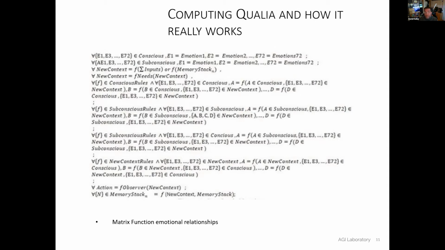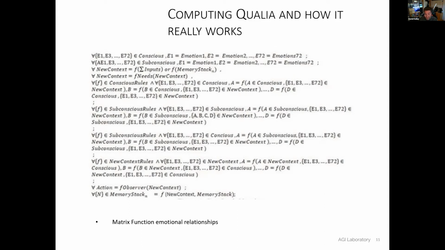This is done with matrices in these functions, like the subconscious rules and new context rules and so forth. The matrices aren't actually represented here; they're just defined as the functions. But if you really get into it, it's those underlying matrices that are defining how emotions affect each other.